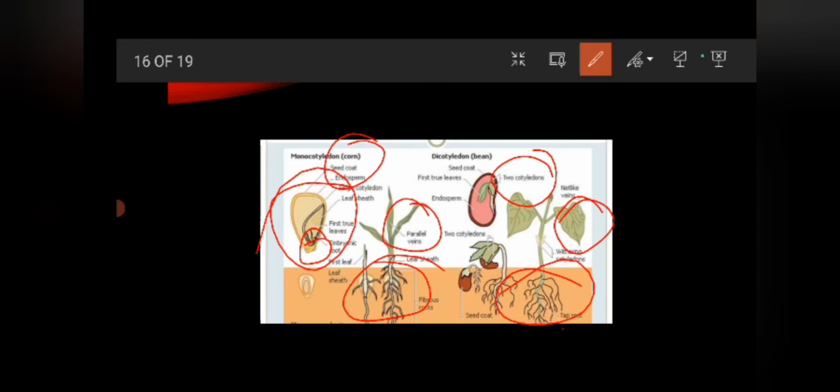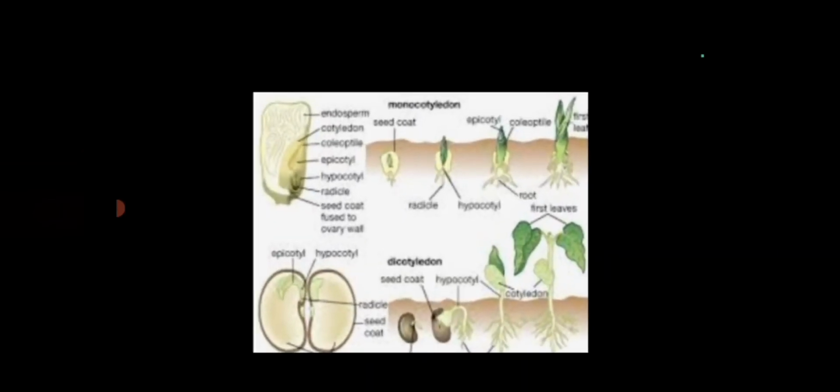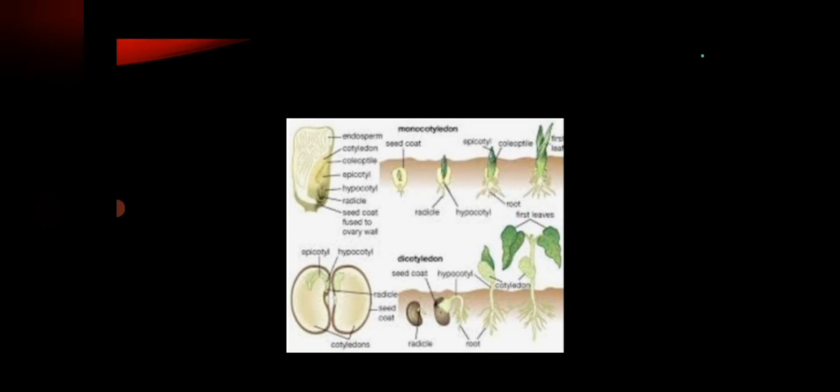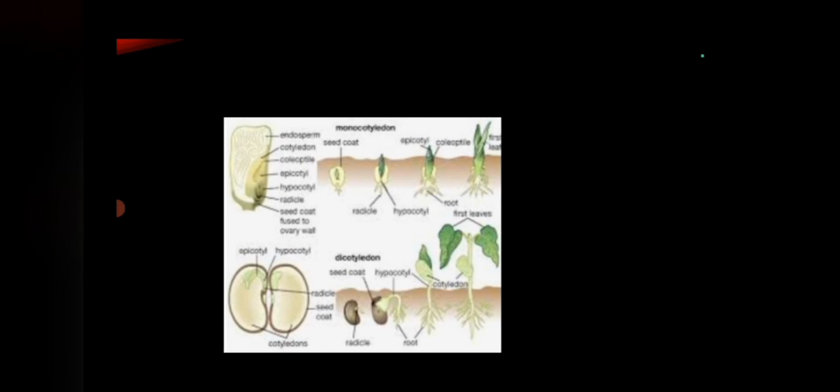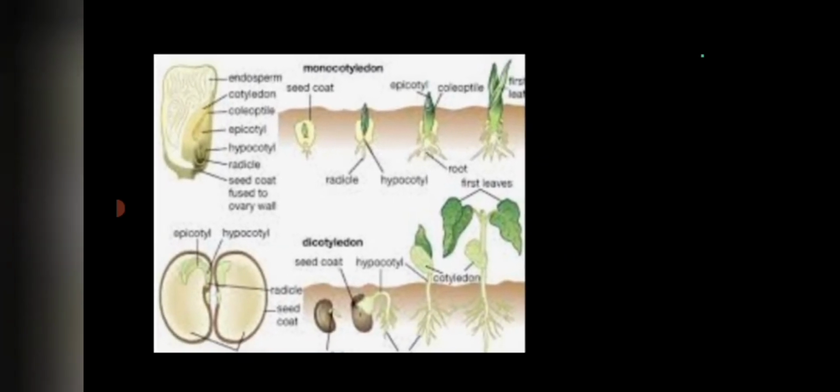I will show you the seeds. I will soak the seeds, remove the seed coat and show you in the upcoming videos so that you can easily understand. This is also the seed coat. This is the monocotyledon. This is the dicotyledon plant. You will study how it arises in higher classes, kids.